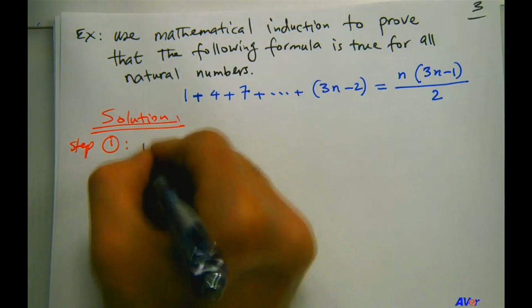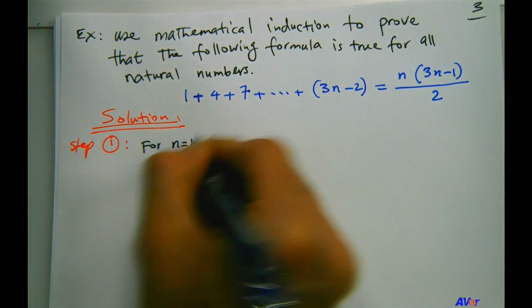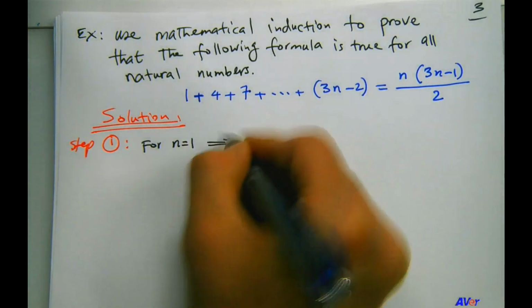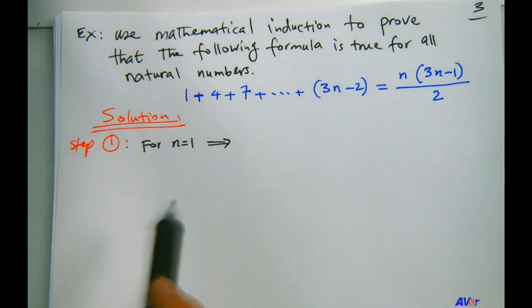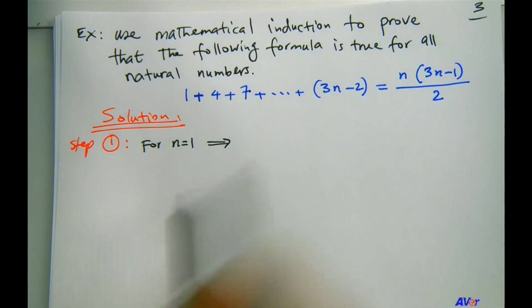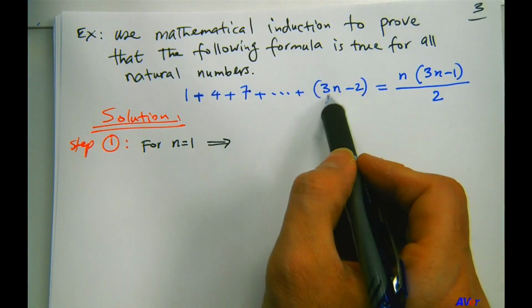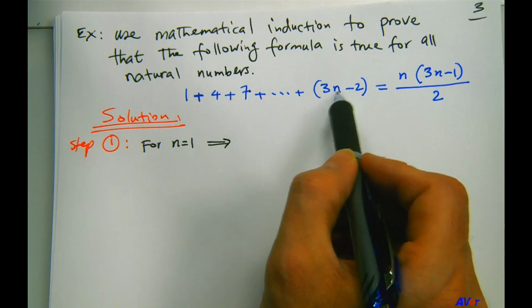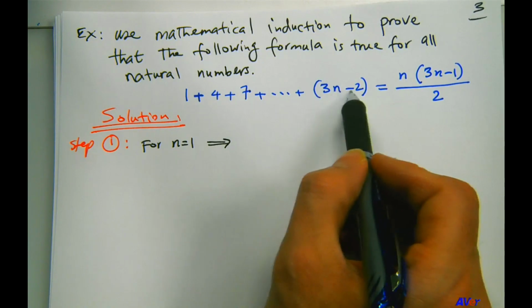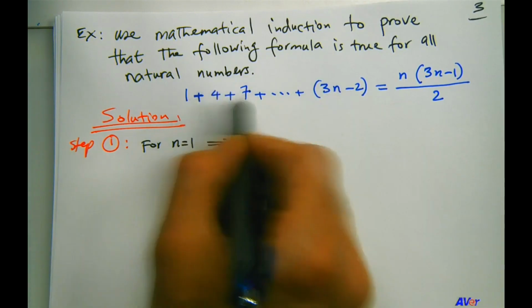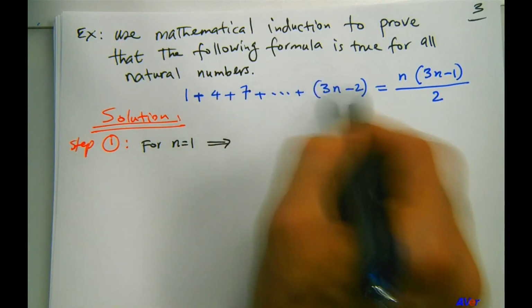So for n equals 1, this is what we have. Notice these three numbers are coming from this expression.